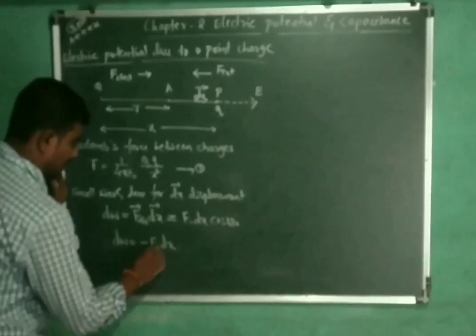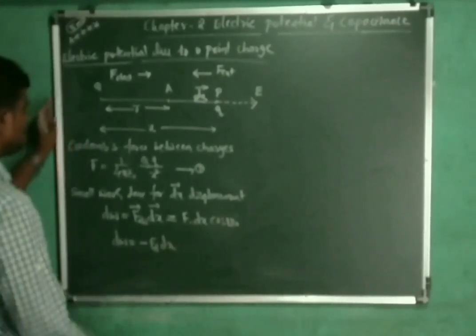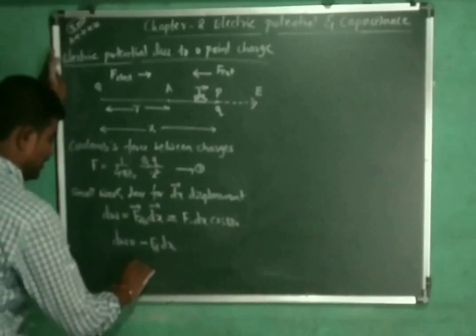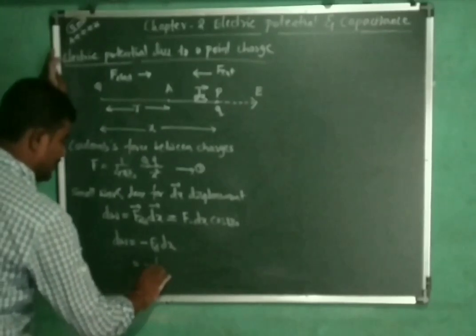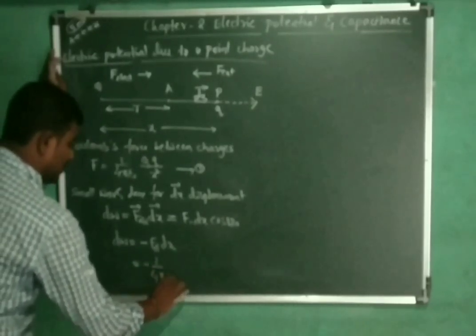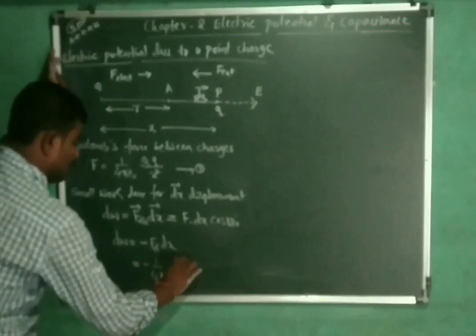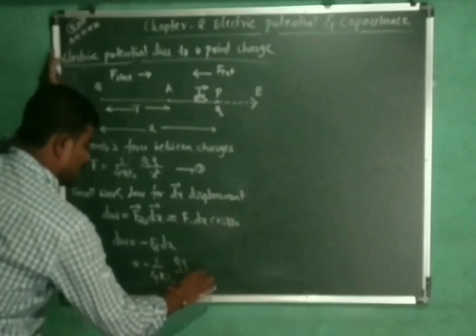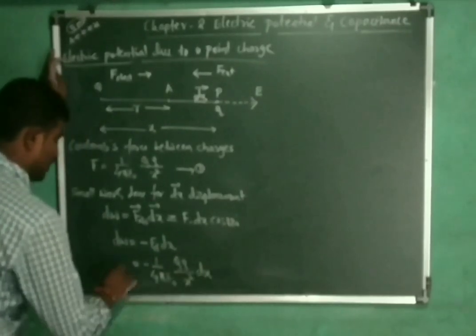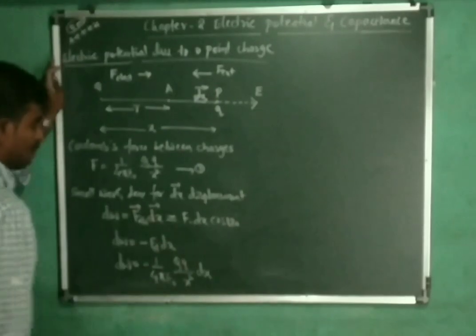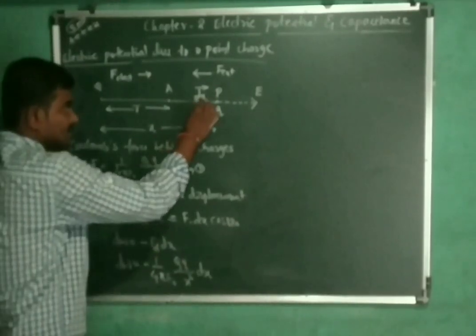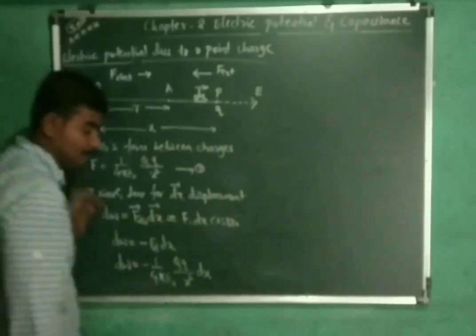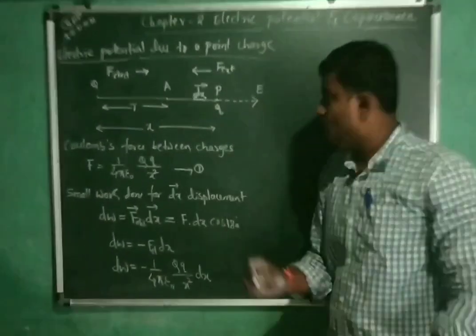This is the electric force, and we have already determined it. It is going to be -1 divided by 4 pi epsilon naught q divided by x square into dx. So this is dw. For a very small displacement dx, the amount of work done is dw, but we are supposed to calculate the total work done.